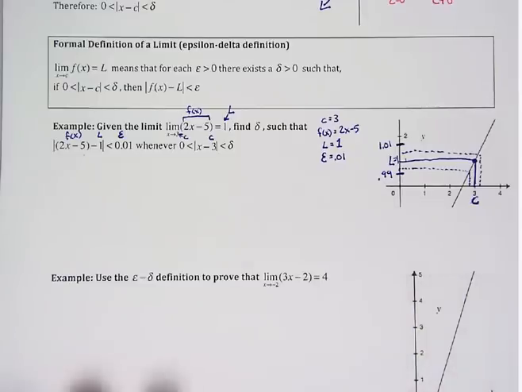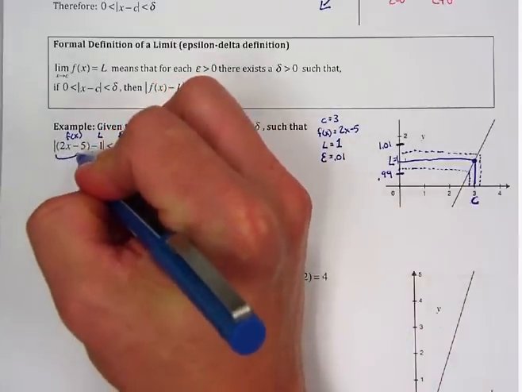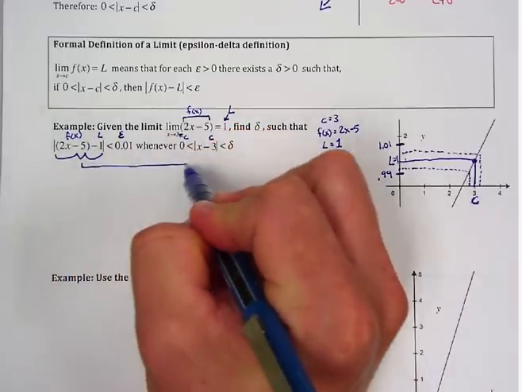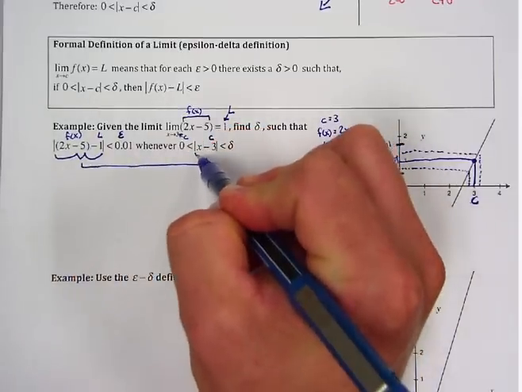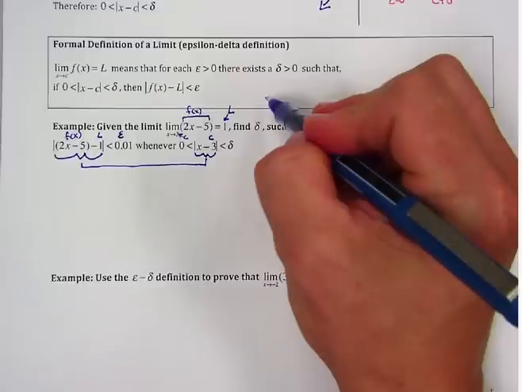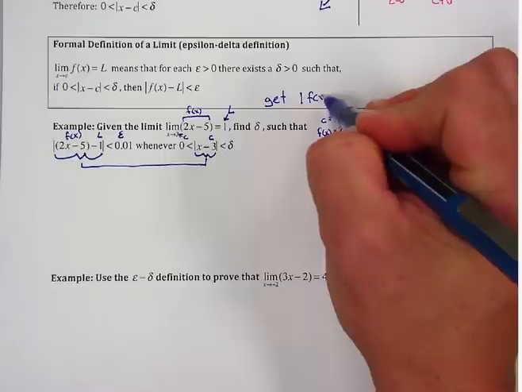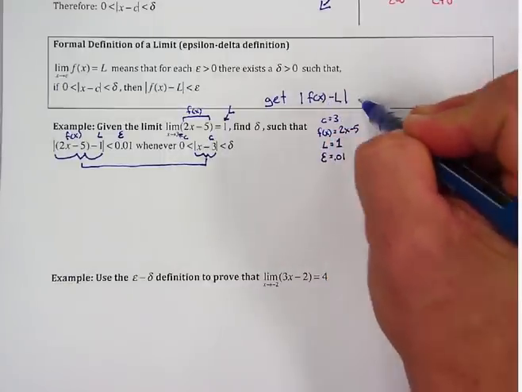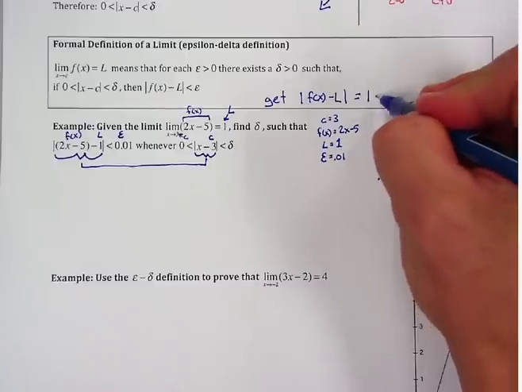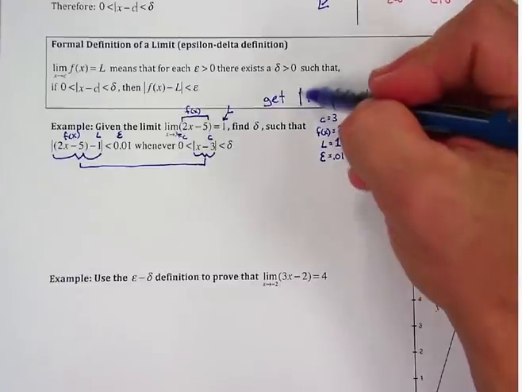So here's how we're going to do it. What we have to do is get this portion of the equation to match this portion right here. So we have to get the absolute value of f of x minus L to equal the absolute value of x minus c. And that's our first step in doing this.